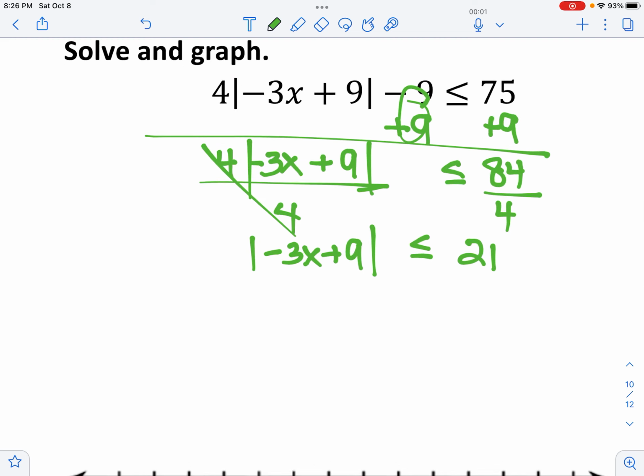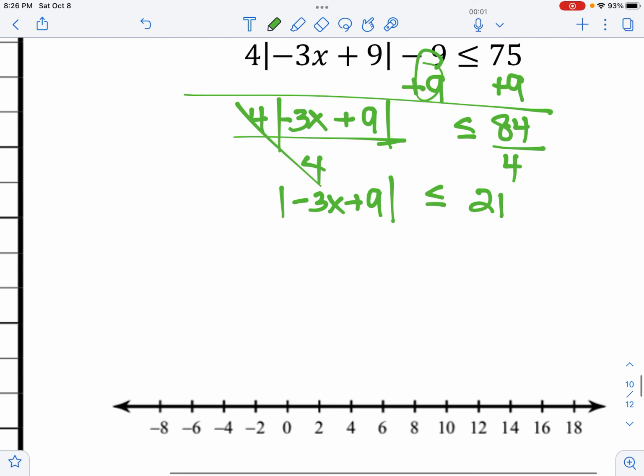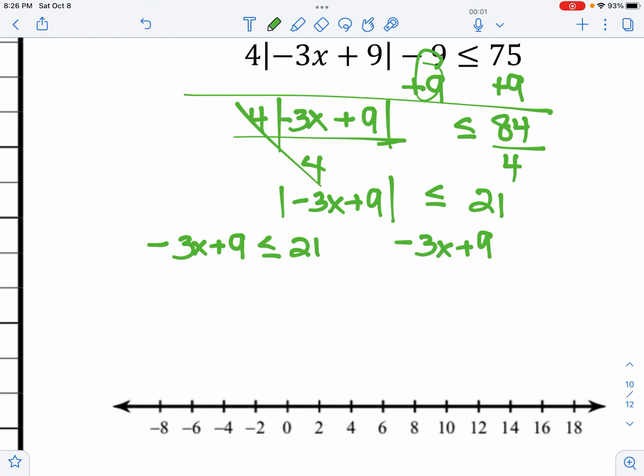Okay, create my two cases. So I would have negative 3x plus 9 is less than or equal to 21. And then negative 3x plus 9 is greater than or equal to negative 21. All right, we solve these.